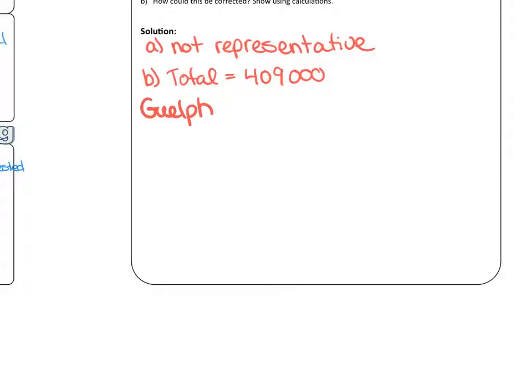So if we take Guelph, it was 126,000 divided by 409,000. And 126 divided by the 409 is approximately 31%.